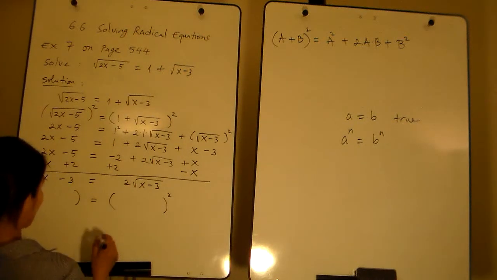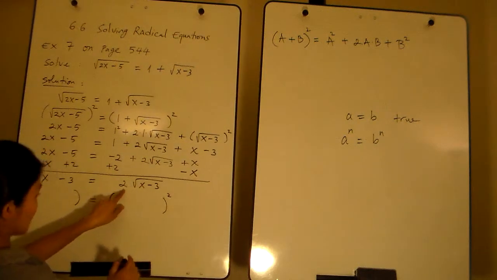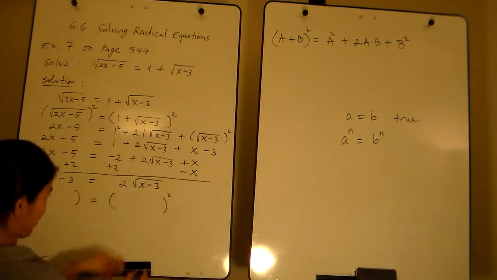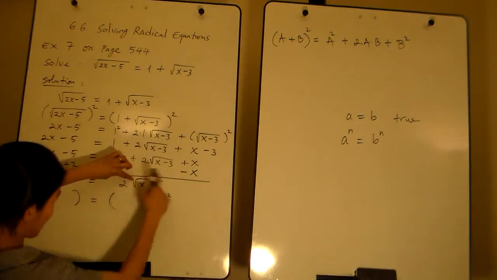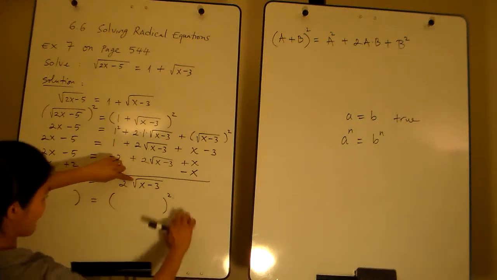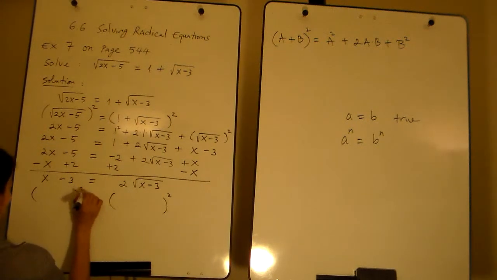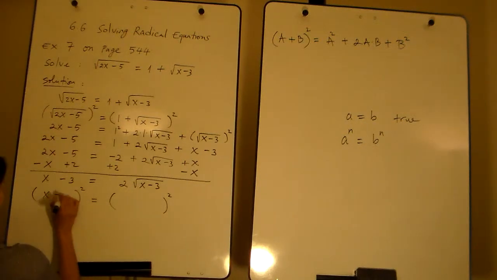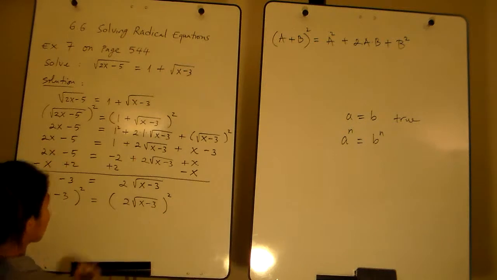So don't confuse, this 2 here is in front of the radical. Index is the one on top here. Because this is a square root, we don't write it. But it's index 2 here. That's the reason why I picked 2 as the exponent. So square both sides: x minus 3 squared equals 2 times the square root of x minus 3, squared.